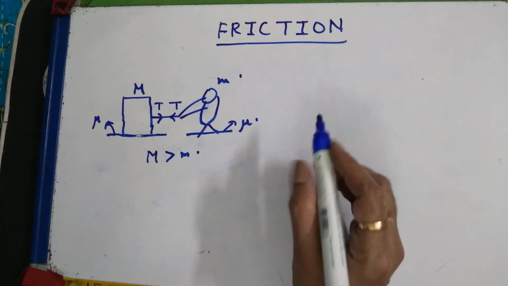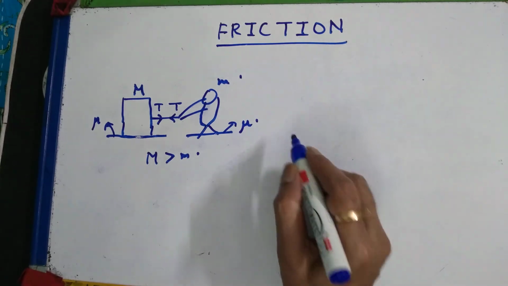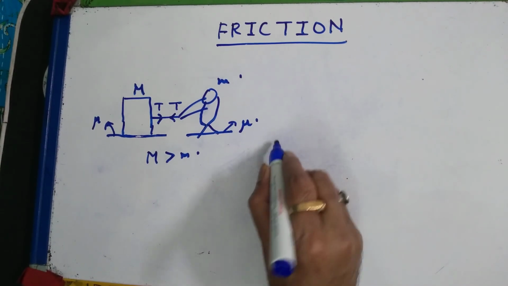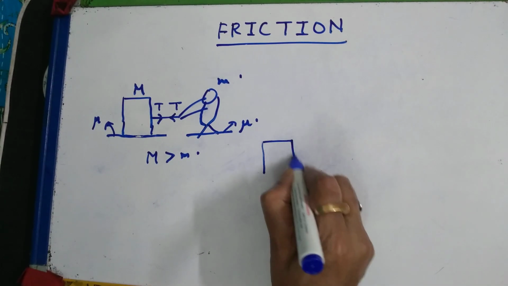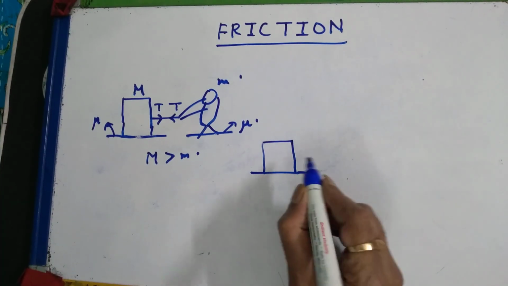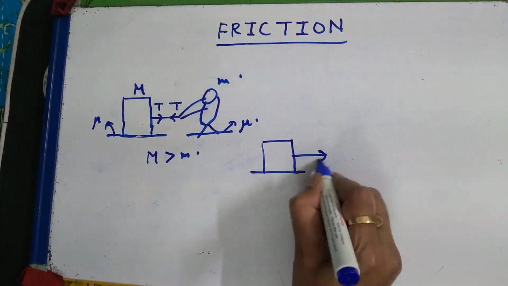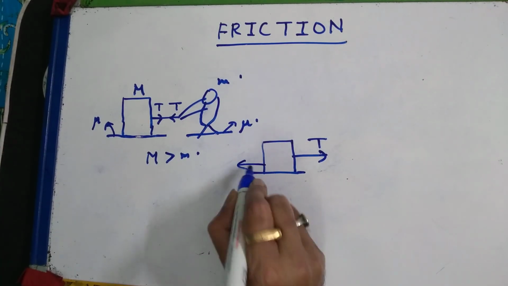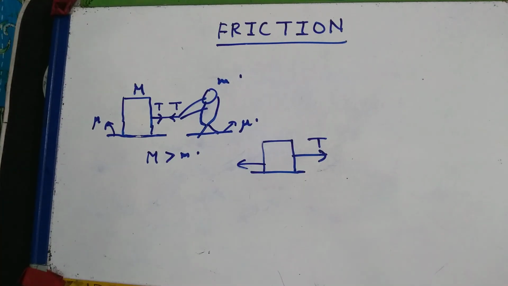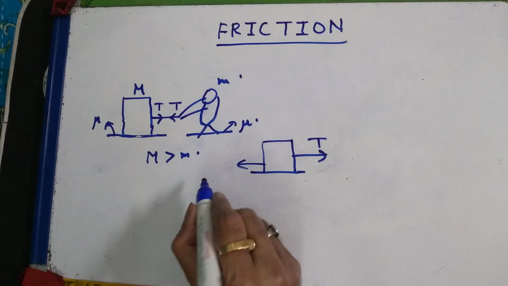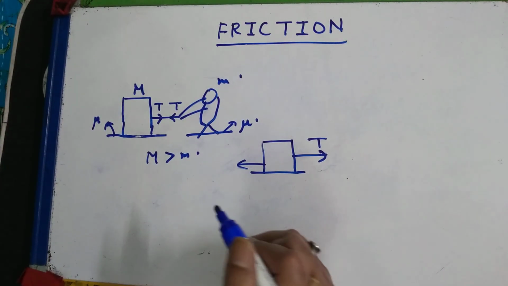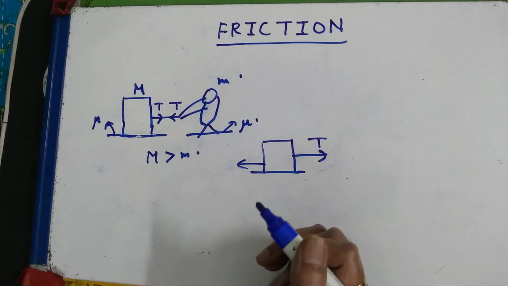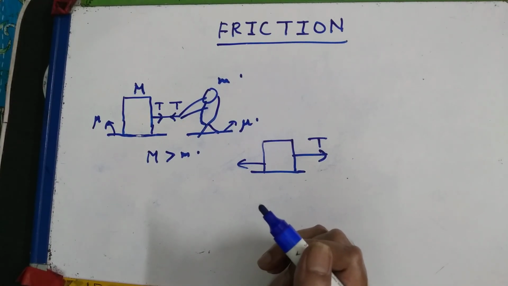If I draw the free body diagram, and tension is the same for both, for the block it will be something like this. Tension force is towards the right, and there is a friction force. Since we have been asked whether it's going to move, we are going to take the limiting friction, because the limiting friction will only act if the body has a tendency to move.